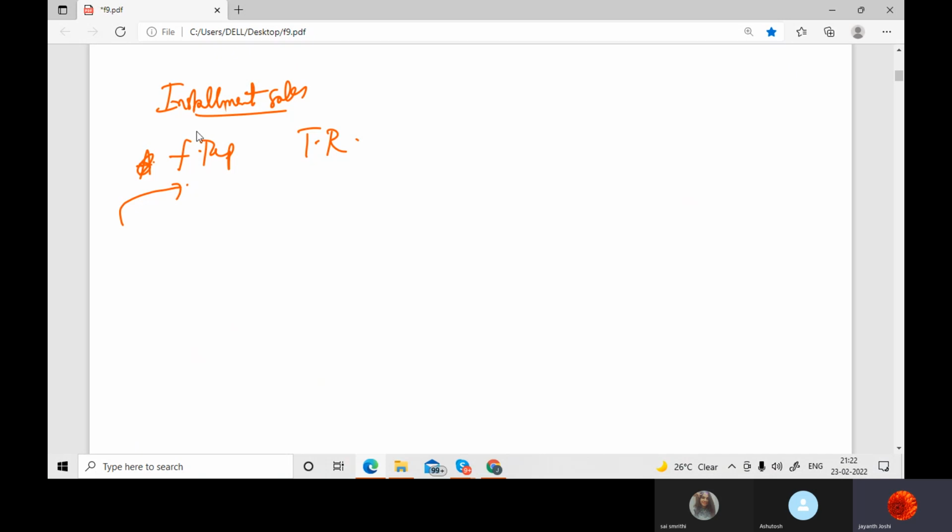You show the installment sales in tax returns only when you really receive the installment, because it works on a cash basis. So you receive the first installment at the end of the first year maybe, and show it later. So taxable profits are less.